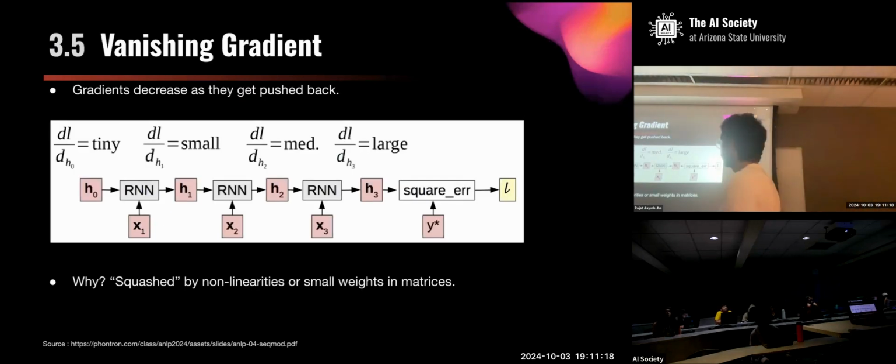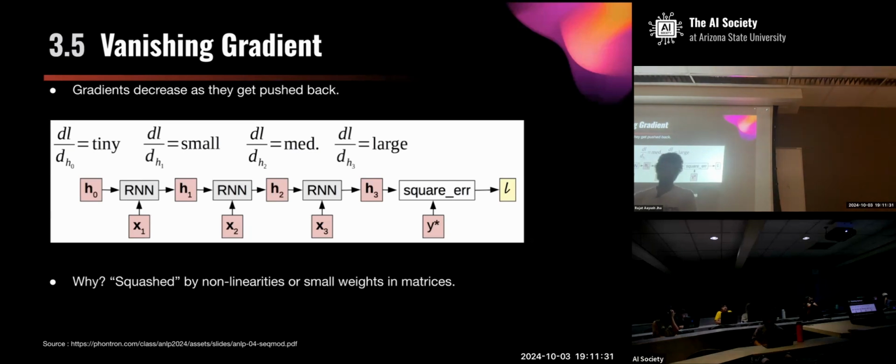Now, this is a very famous problem in RNNs, and I think most of you might have heard about it: vanishing gradients and also exploding gradients. If you try to mathematically write the equations for backpropagation, you find the gradient of the loss with respect to the output, then with respect to H3, then H2, H1, and H0.